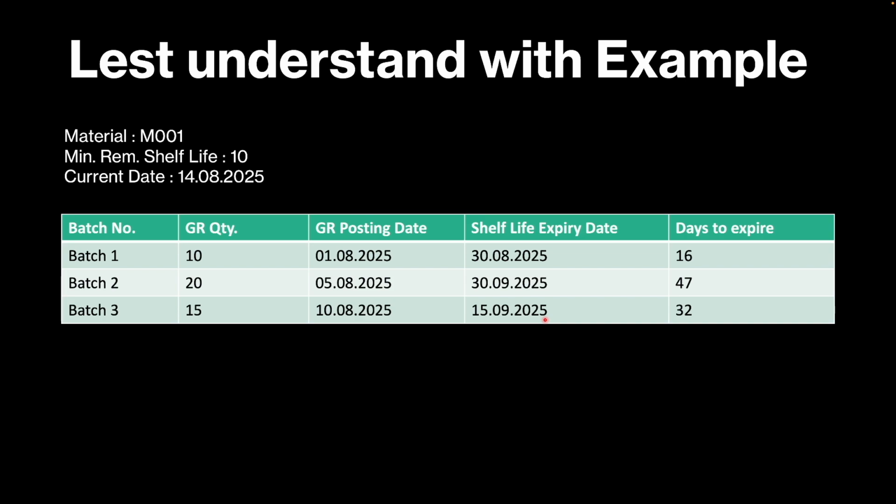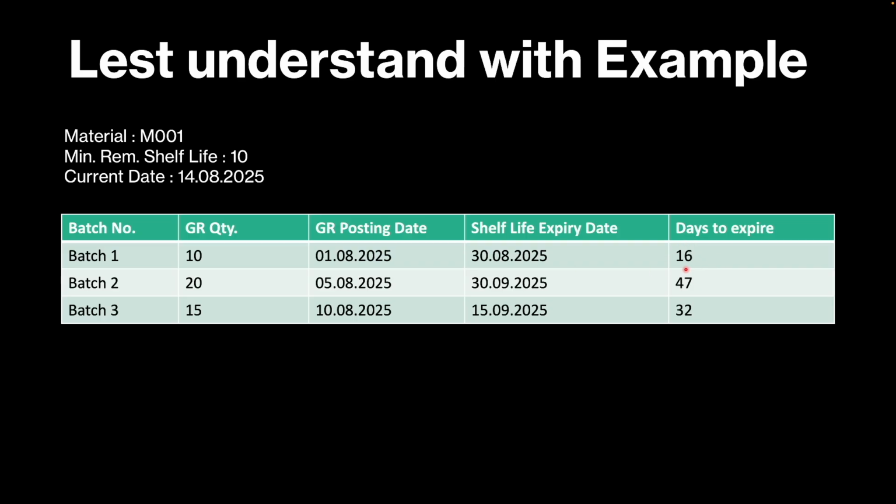So you can see we have received material in three batches across various posting dates and with various shelf life expiry dates. Now, all these three batches have different days to expire. That is, the number of days in which this particular batch will expire. And this gets determined through the shelf life expiry date and the current date. So the difference between these two dates, that is shelf life expiry date and current date, is your days to expire.